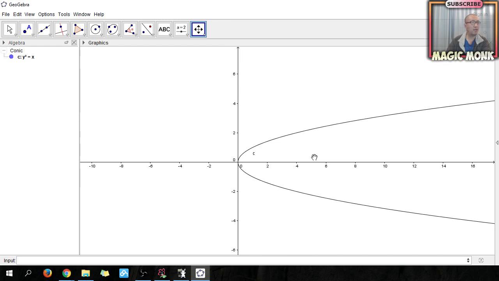X equals y squared, and from negative 3 to 3 for y. So I guess you just want it from here to about here.